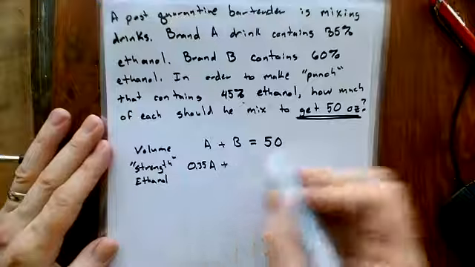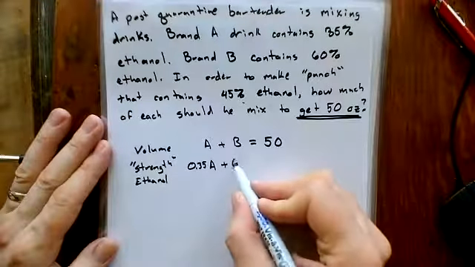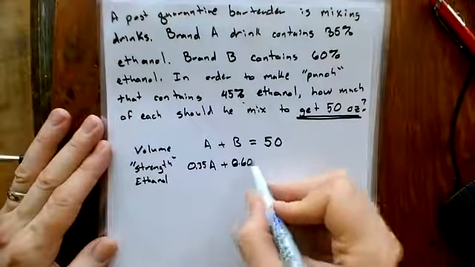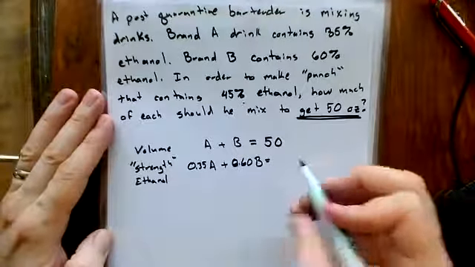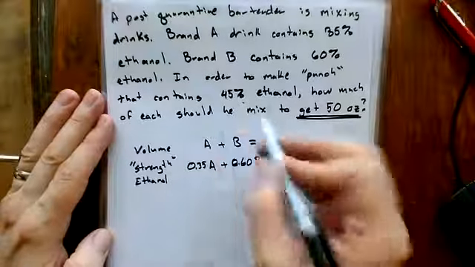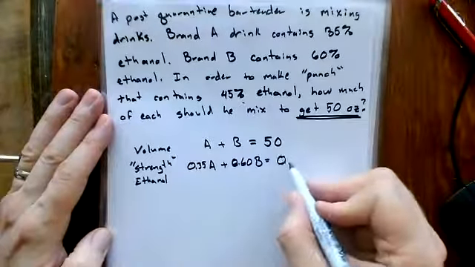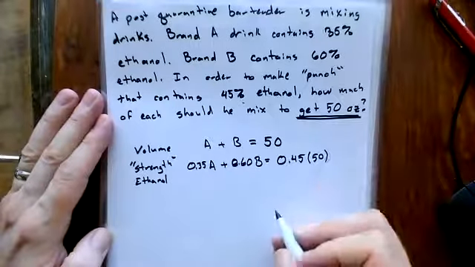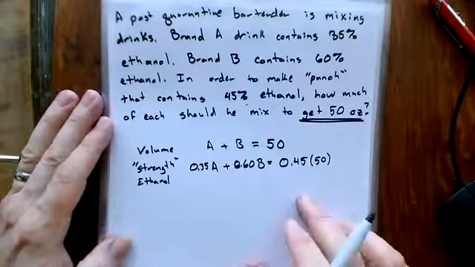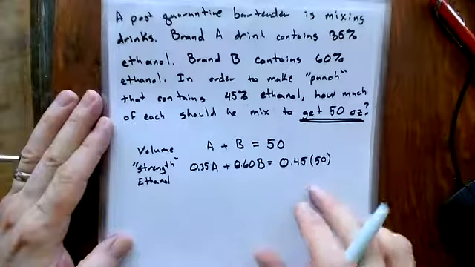For brand B, it's 60%, so 0.60, times brand B. And our grand total should be 45%, so we want this to be 0.45 times that 50. And these are our two equations.